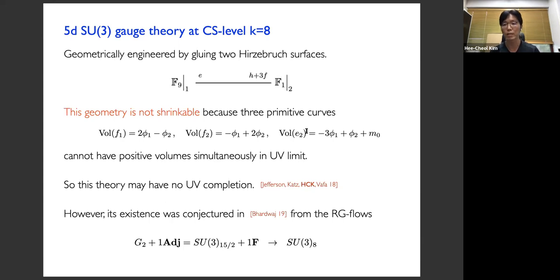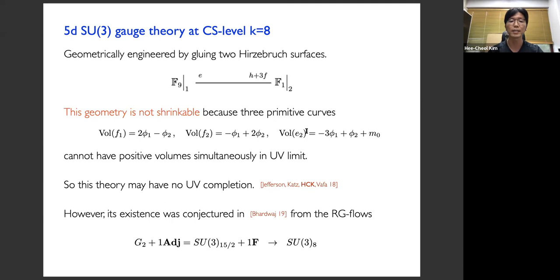Because it's an exceptional curve, we can flop it and move onto another chamber, and probably in that chamber we can find the CFT fixed point limit. So maybe the chamber after the flop transition would be a unitary chamber such that we can attain the CFT fixed point in the chamber.